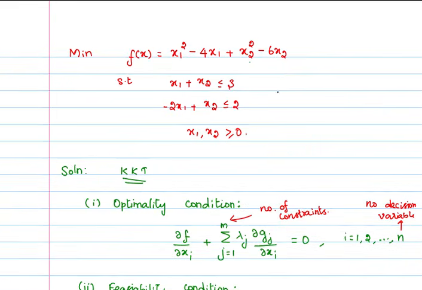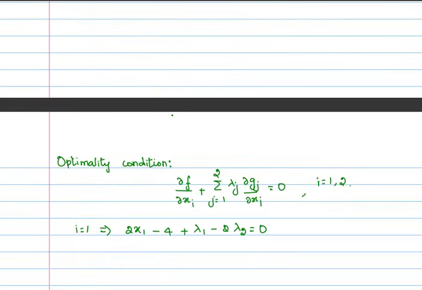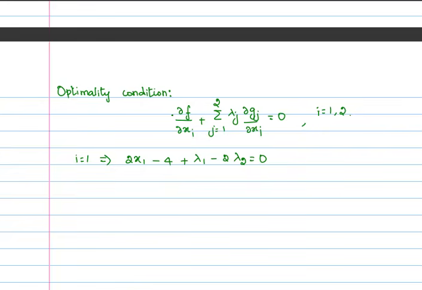For i equal to 2, taking the derivative with respect to x2, 2x2 minus 6 plus lambda 1 plus lambda 2 equal to 0.